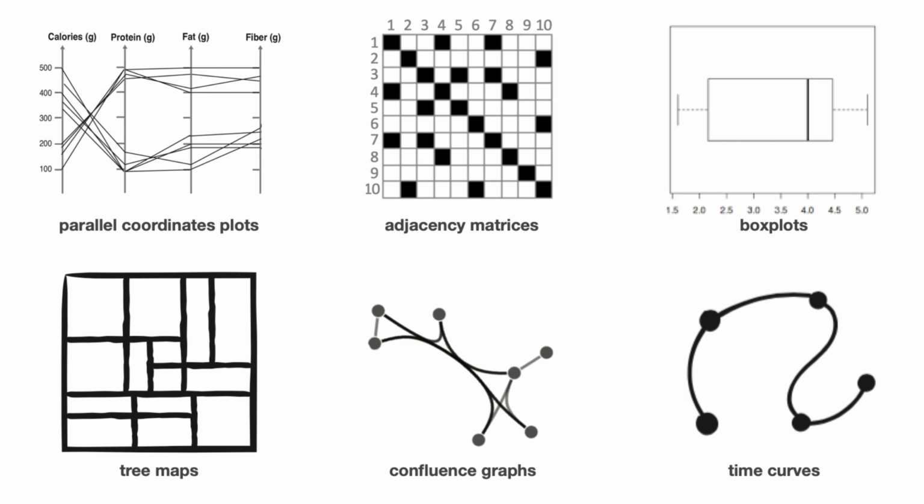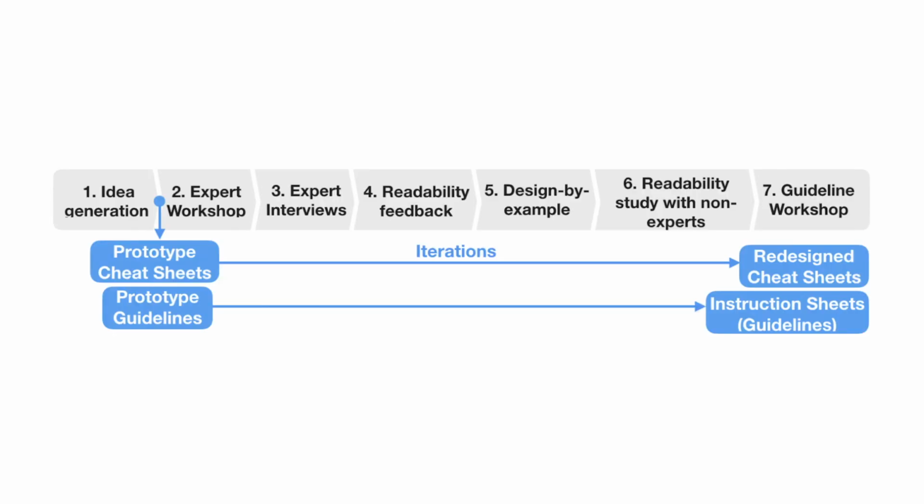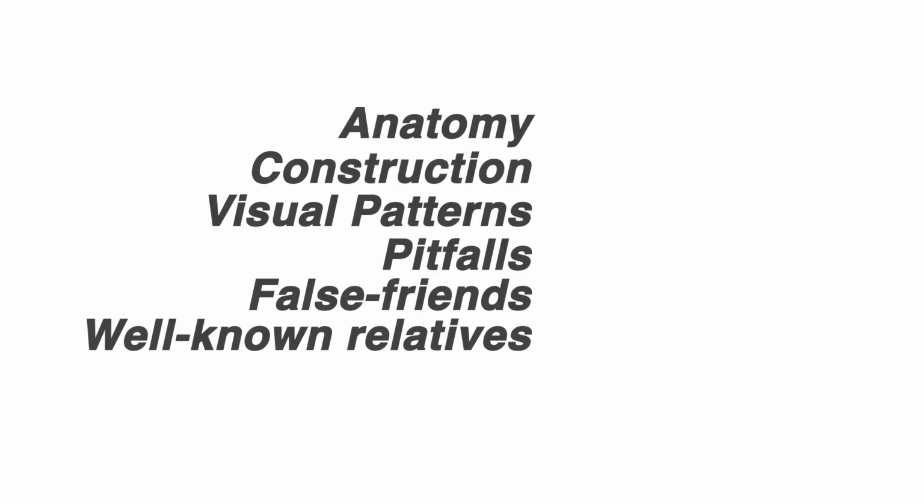They are parallel coordinates plots, adjacency matrices, box plots, tree maps, confluence graphs, and time curves. We have carried out an iterative design process that involves 8 experts and their feedback. We will look at each step in detail later, but let me show you the cheat sheets first.